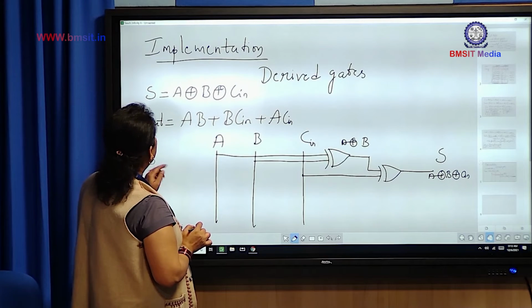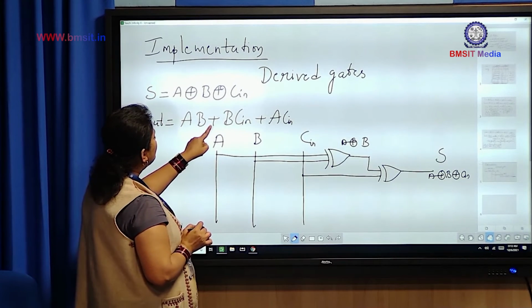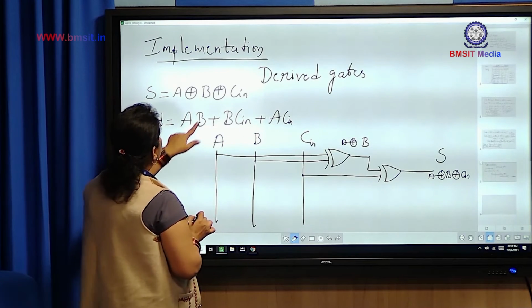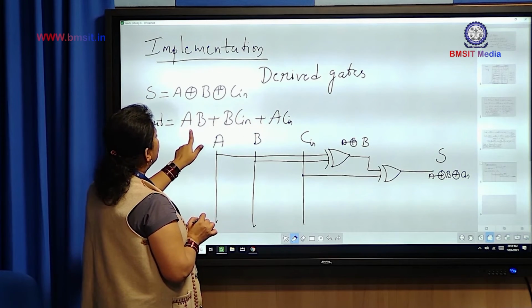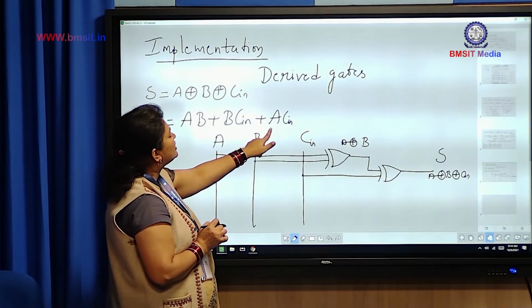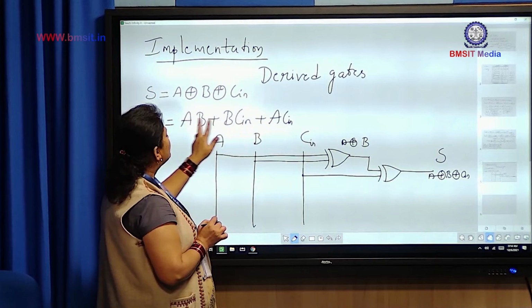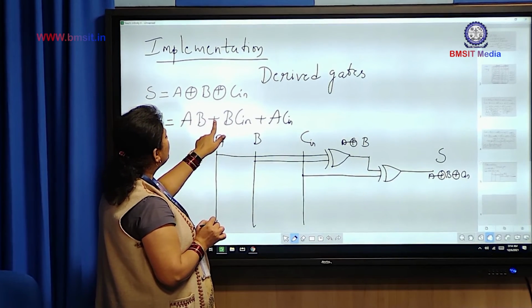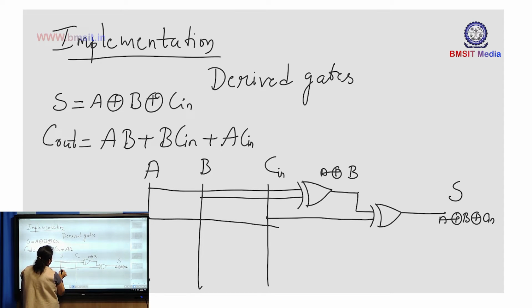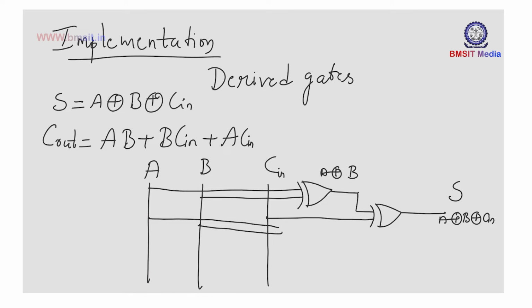Now for carry, we have the expression AB plus BC in plus AC in. So what gate is this? This is an AND gate. AB is an AND gate, BC we have to use an AND gate, AC we have to use an AND gate. So after this, the combination has to be ORed. Okay. So let me go for the first one, AB. So pass A and B through an AND gate.